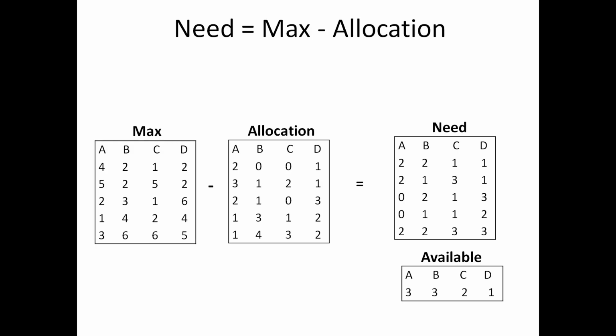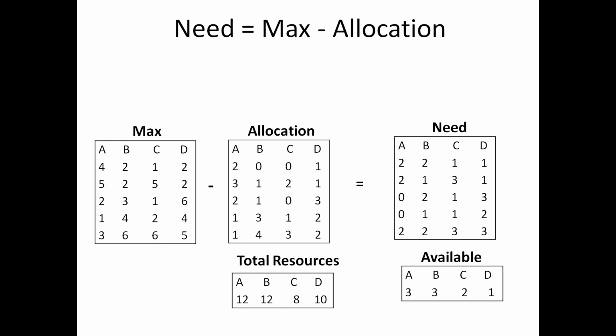Now we can calculate one more data out of this, which is total resources. So the number of resources actually available with the computer. Available is just the numbers that are currently free. Remaining are already allocated. But if you add the available with the allocation, what you get is the total resources.